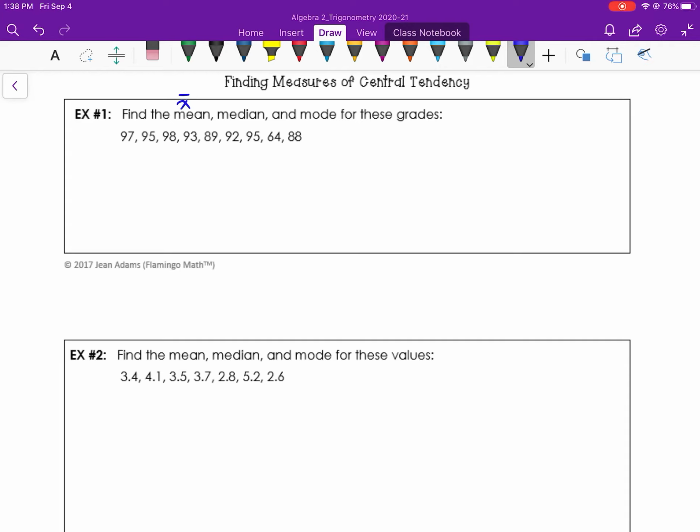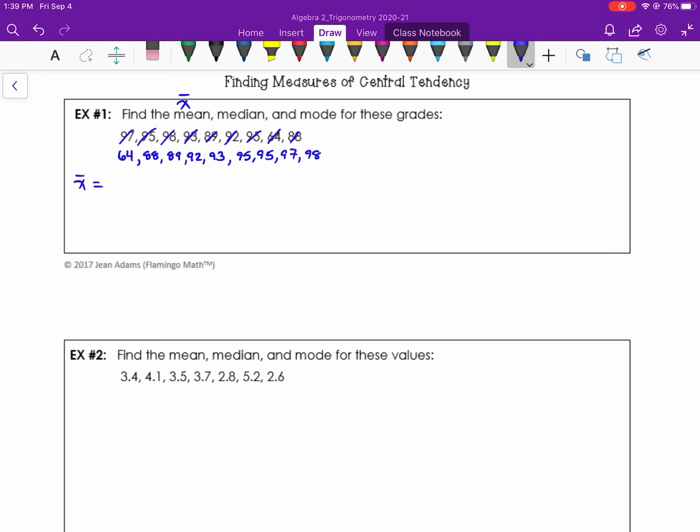So first thing we need to get in the habit of is rewriting them, so lowest to highest. 64, 88, 89, 92, 93, 95s, 97, and 98. Alright, so now we gotta list them in order.